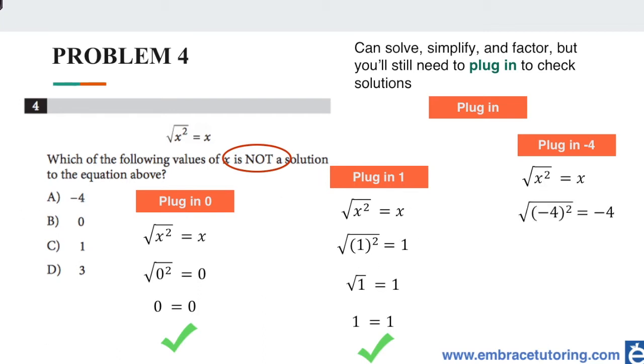And here I get my radical negative 4 squared equals negative 4. And this is going to become radical 16 equals negative 4. And then I'm going to get my positive 4 equals negative 4.